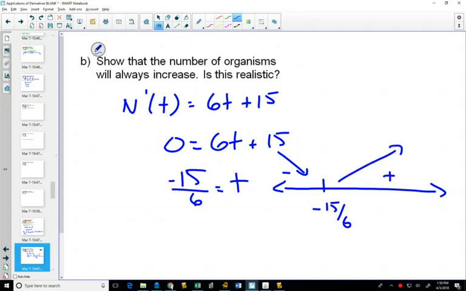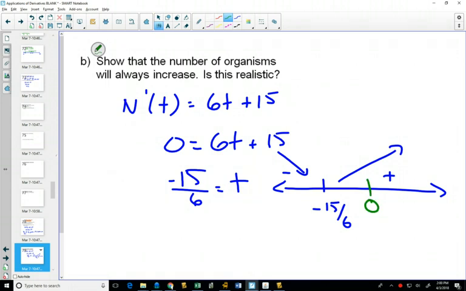Now, according to this chart, the graph is sometimes decreasing and sometimes increasing. But now, in our situation that says show that the number of organisms will always increase, how does this show it always increases? Right, we've got to sort of think of 0 somewhere on here, right?